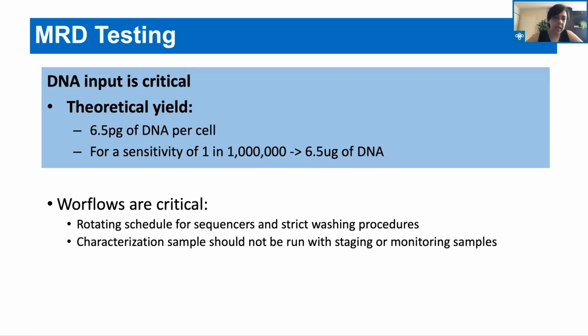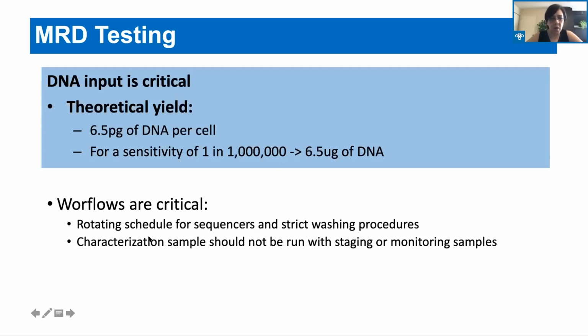But another thing is that the workflows when you're doing minimal residual disease testing in a laboratory are incredibly important to redesign. You have to have a rotating schedule for the sequencers, and also strict washing procedures to ensure that one clone doesn't carry over to another run. And also make sure that you divide your characterization samples and your monitoring samples.